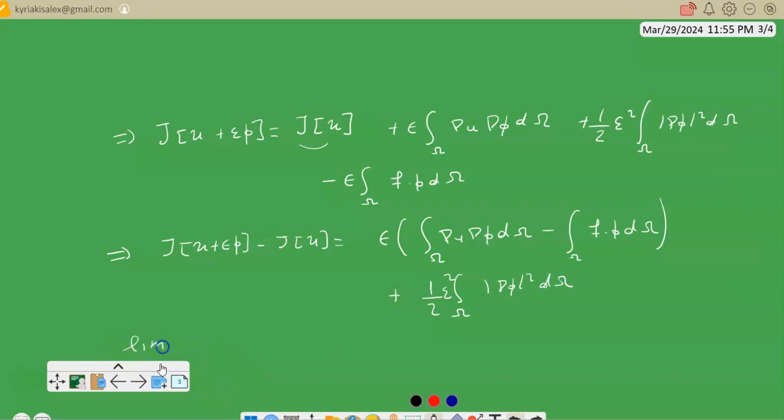Now let's take the limit of epsilon going to 0 of J of u plus epsilon phi minus J of u divided by epsilon. This is similar to the rigorous definition of the derivative using the limit. So this is J prime at 0.